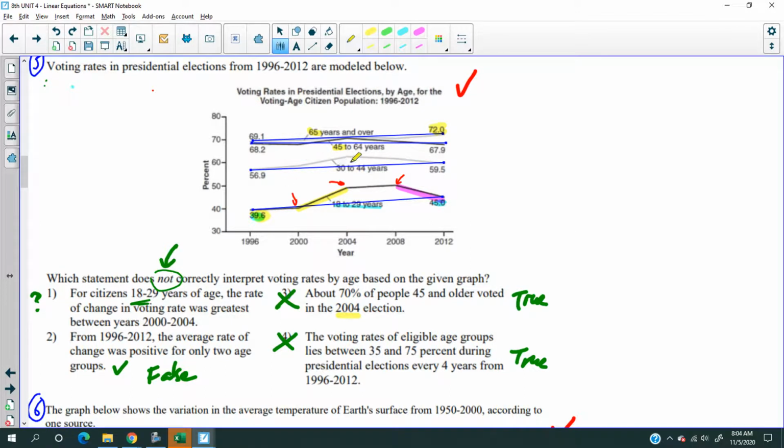For the next age group, it went up. And then for this one, it went down. And then for this one, it went up. So that's not true. It's not 2 age groups, it's 3 age groups. Okay, so that's why I picked that as an answer, because we're looking for the wrong answer. Okay, all right, so moving on.